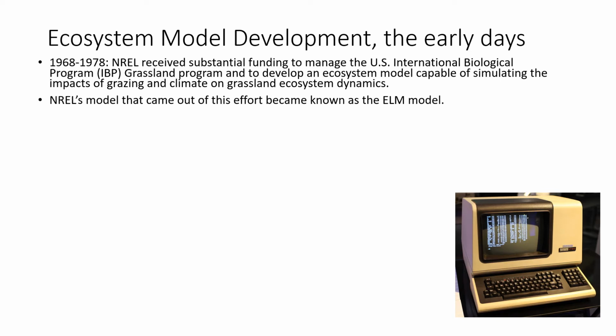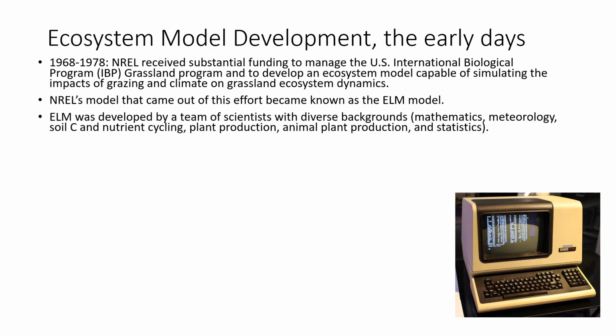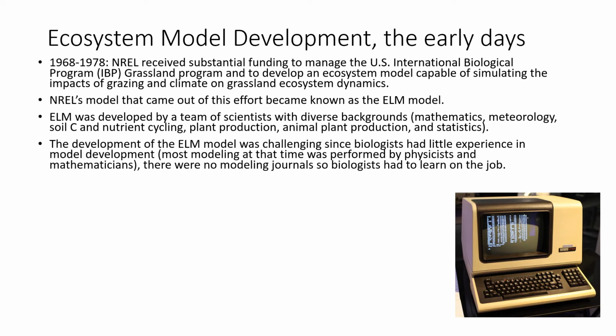And the first model that came out of this effort was known as the ELM model. The ELM was developed by a team of scientists with a wide variety of backgrounds, including mathematics, meteorology, soil, carbon and nutrient cycling, plant production, animal production, and statistics.